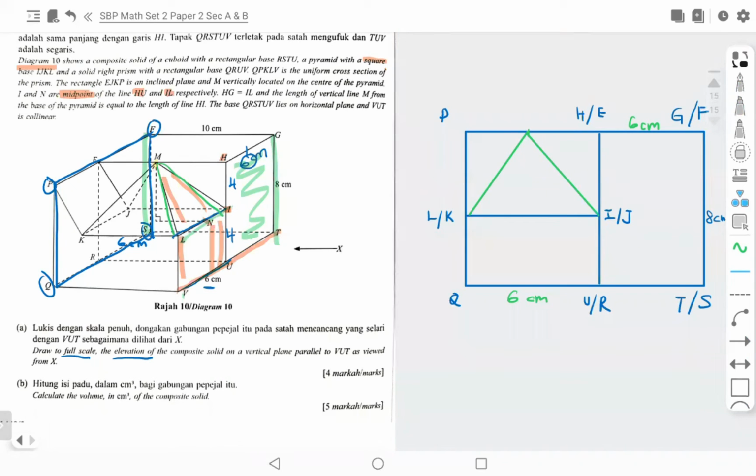So label again, M. So this is M. The vertex is M. Then down there, there's N, right? There's N in the midpoint there. So you just draw a dotted line and show that there's a point N there. Then completed. So you get 4 marks.